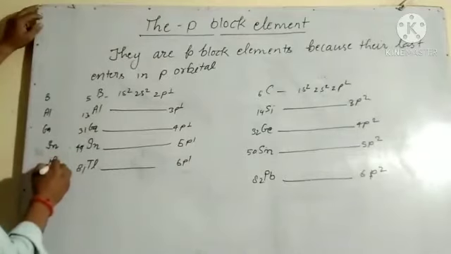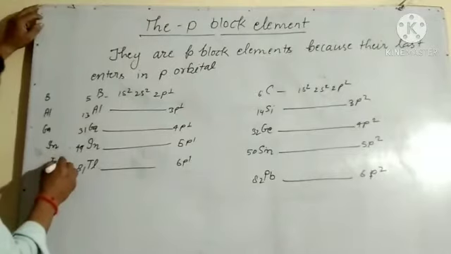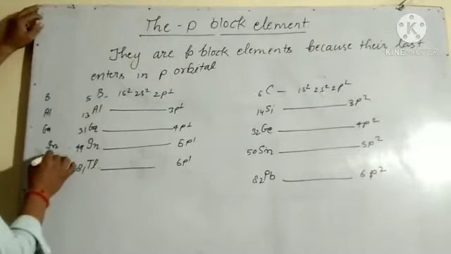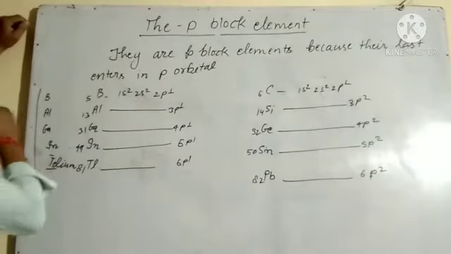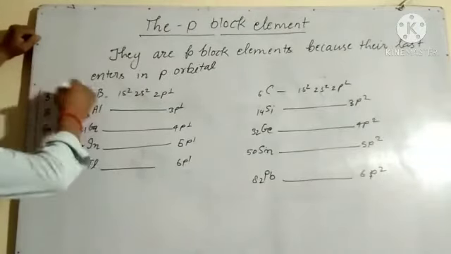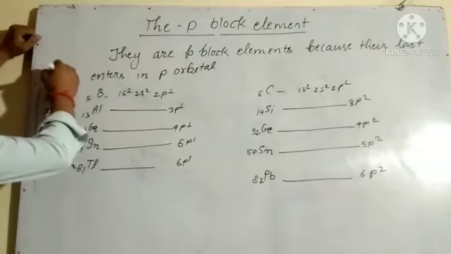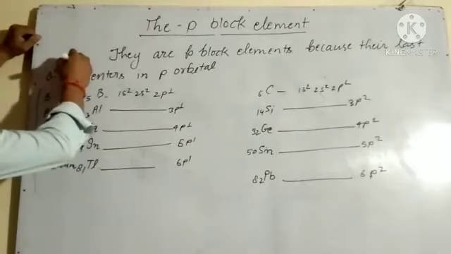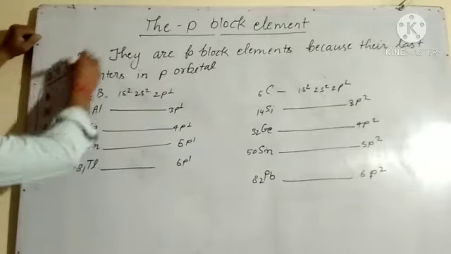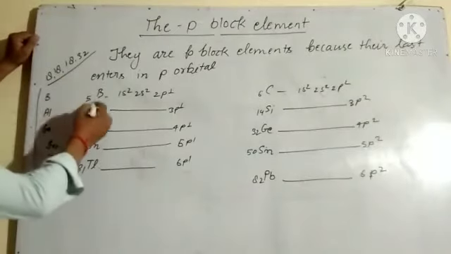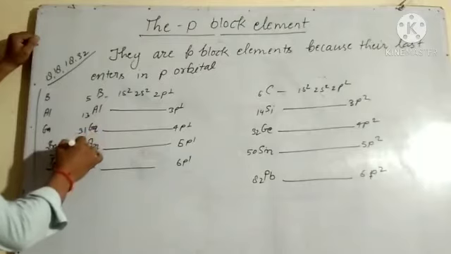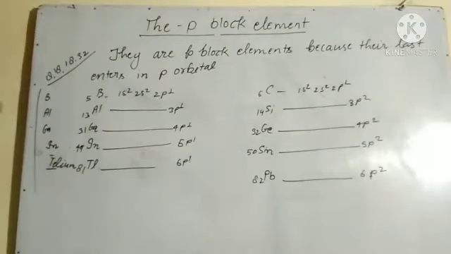By this we can learn the symbols, and if we learn number 5, we learn 8, 18, 18, 32. So if one atomic number we learn, the rest we can write with the help of this, like 5, 13, 31, 49 and 81. Like this we can learn.